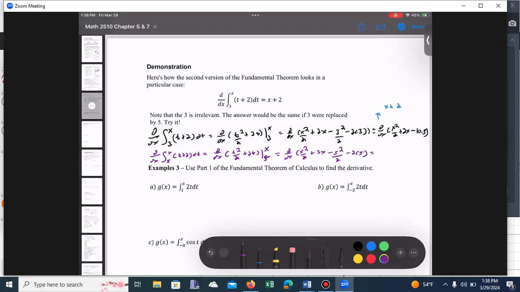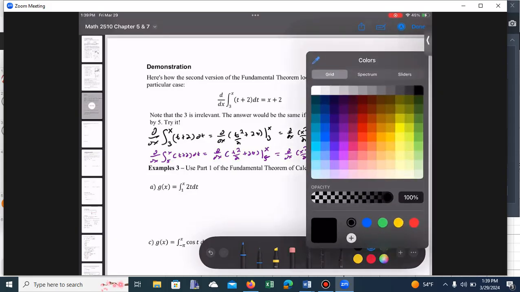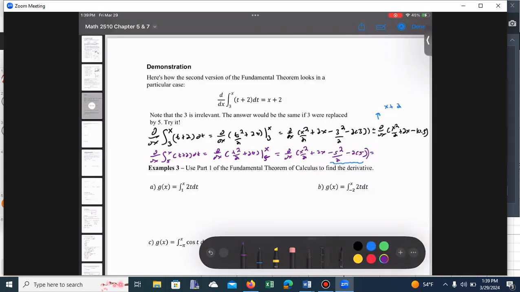Now, this is how we know that this lower limit won't matter. The only thing that 5 changes is the number here. And so this becomes d/dx of x squared over 2 plus 2x minus, and so we got what? 25 over 2 is 12.5, 22.5.